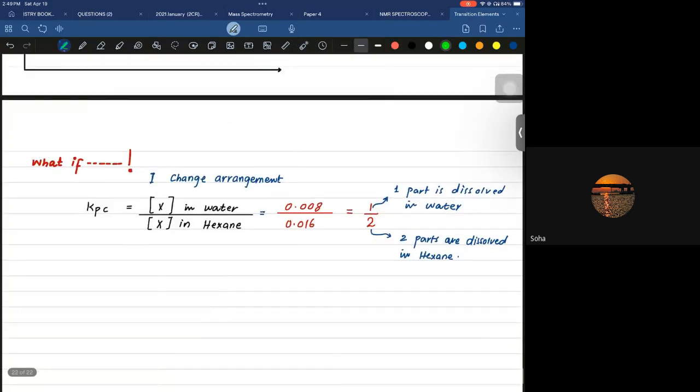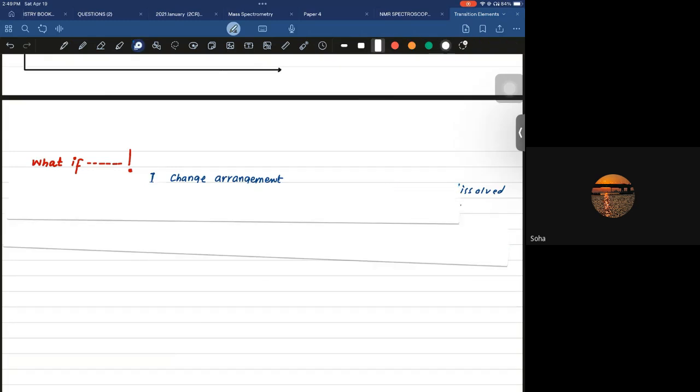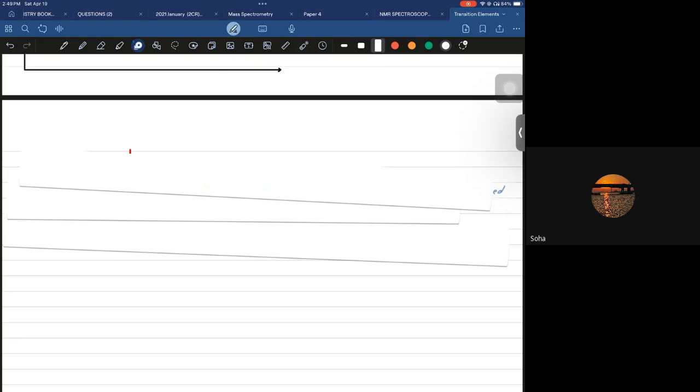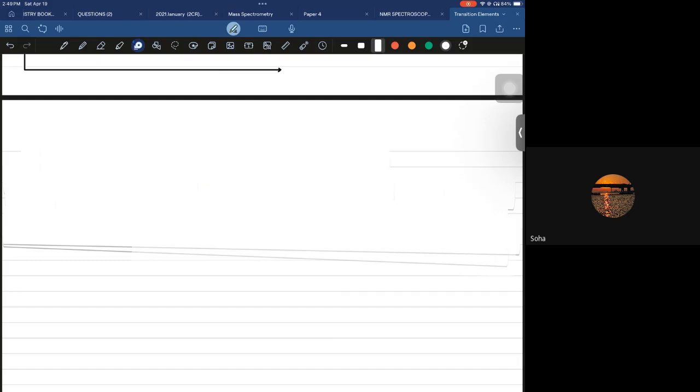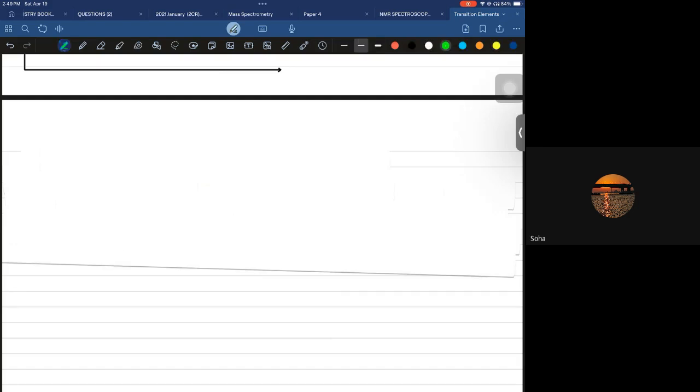Okay, then let's suppose we have a reaction, like how the homogeneous catalyst works.